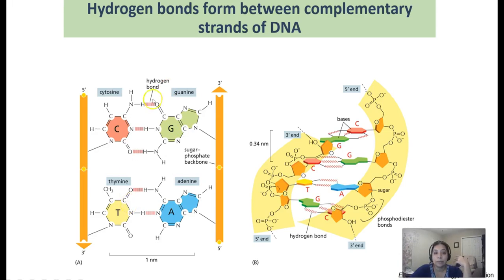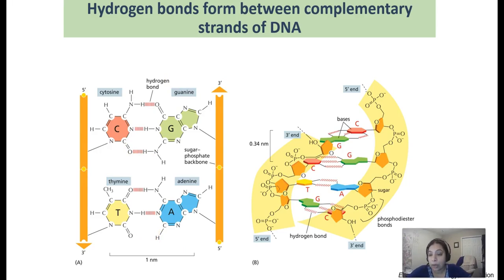And similarly, in the thymine and adenine pair, there are 2 hydrogens, one in adenine and one in thymine. Here you had 1 hydrogen in the cytosine and 2 in guanine that were making that interaction. So there are 3 hydrogen bonds present in a CG pair and 2 in AT.